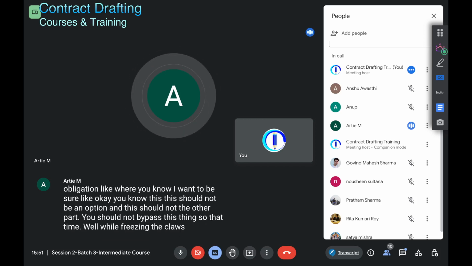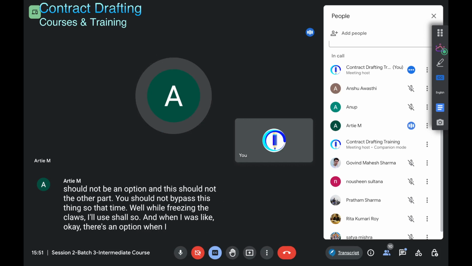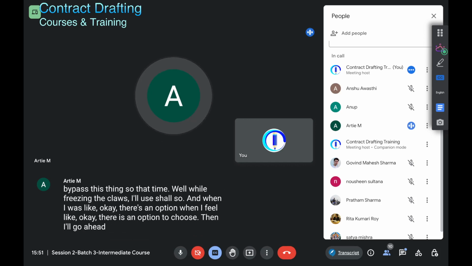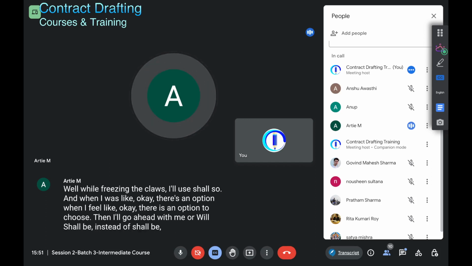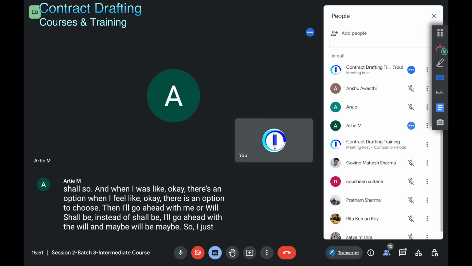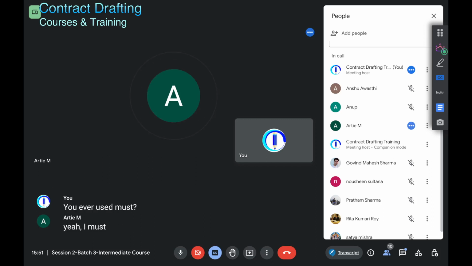And when I feel there is an option to choose, then I'll go ahead with may or will instead of shall. Have you ever used must? Yes, I use must as well, in some areas, like must comply with all the terms and conditions.